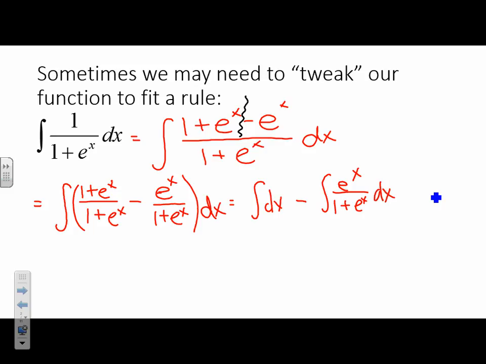Now, first of all, the integral of dx minus, now this fraction here, we can let u equal our denominator, because now du is e to the x dx, and we actually have that in our fraction to substitute.